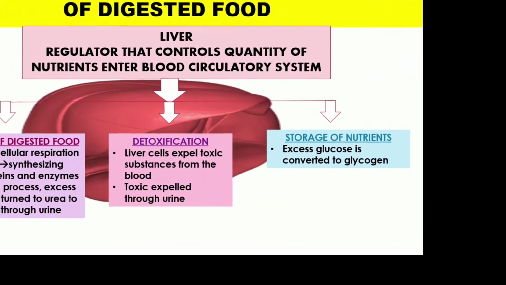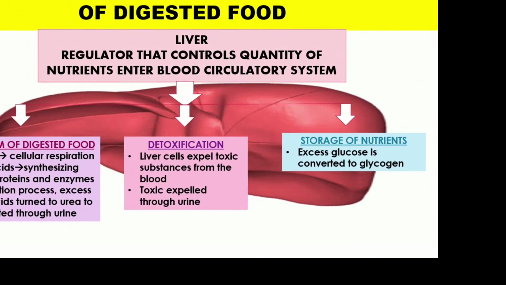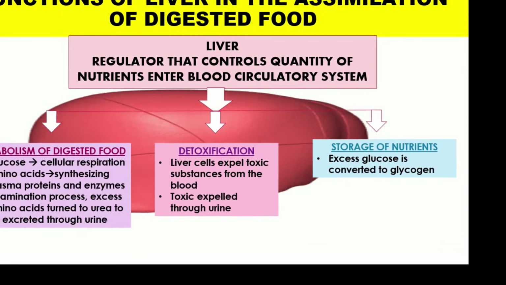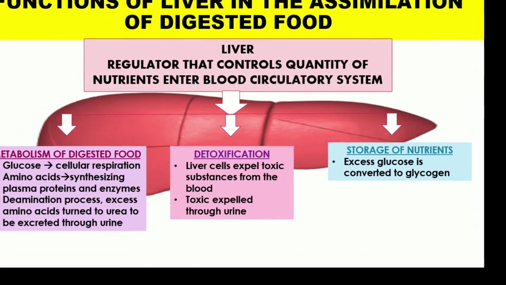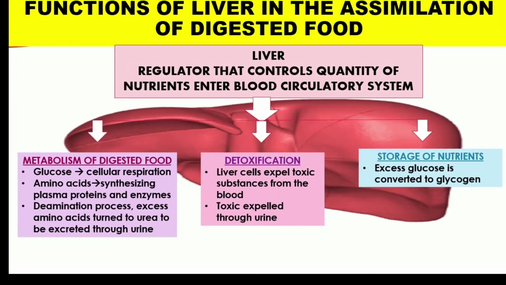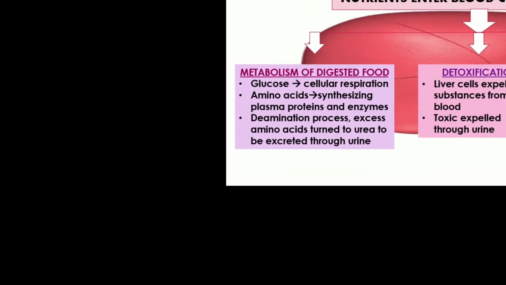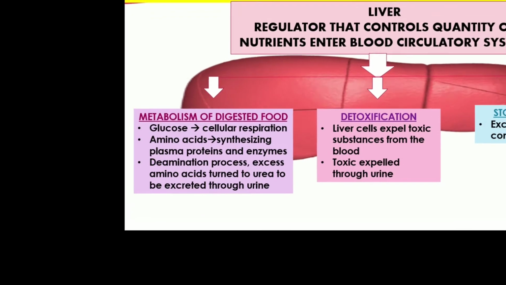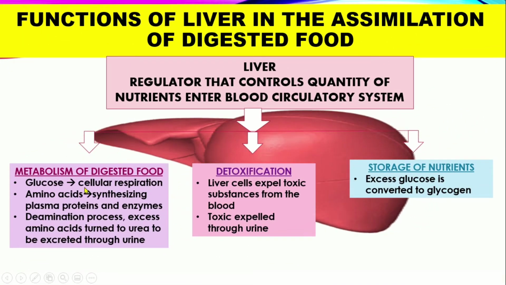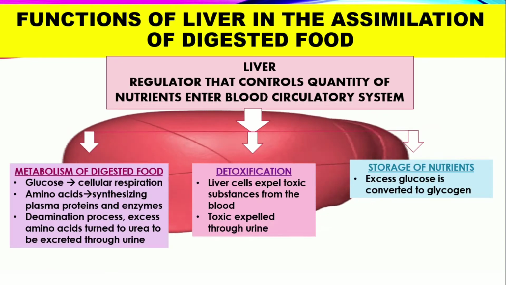Now let me discuss the functions of the liver in the assimilation of digested food. The liver functions as the regulator that controls the quantity of nutrients entering the blood circulatory system. The first one is the metabolism of the digested food. The glucose that has been digested will be used for cellular respiration.